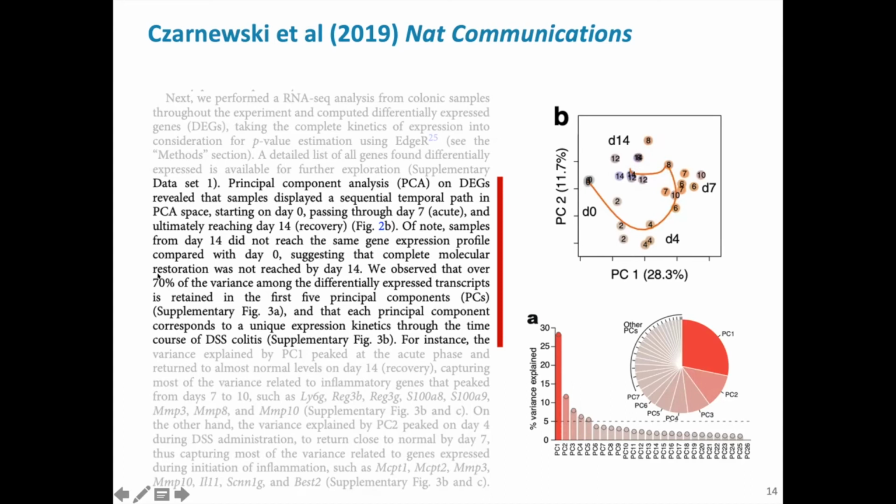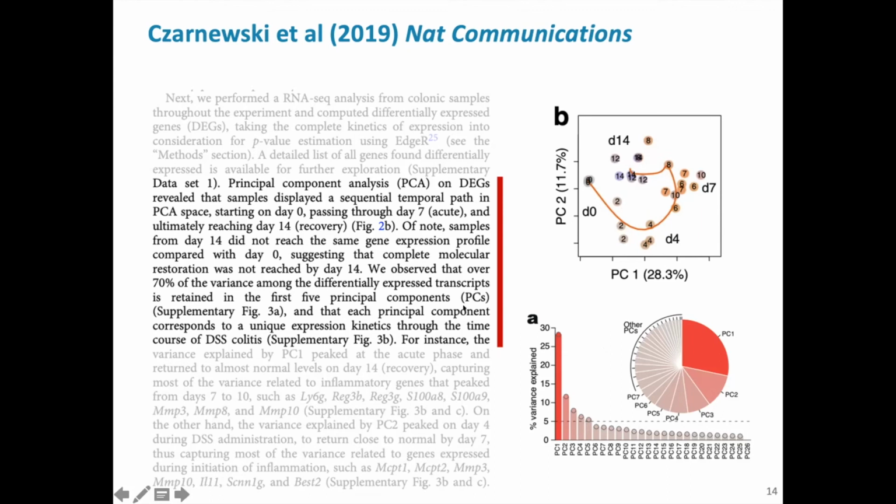We observed that over 70% of the variance among the differentially expressed transcripts is retained in the first 5 principal components. Now you know that each principal component stores the highest variance in the data set, starting with 1, 2, 3, up to 5. And that variance is literally part of the data, at least part of the differentially expressed genes that we have in the data set. That means that most of the data is explained by only a couple of principal components, and it's worth looking into them.